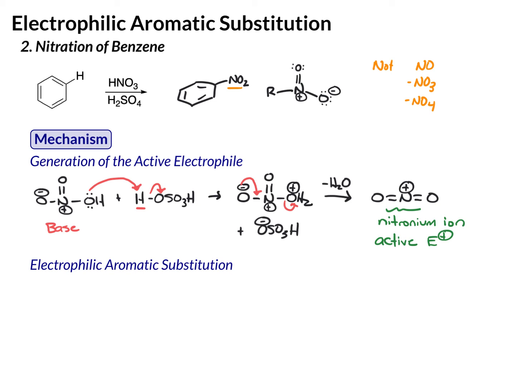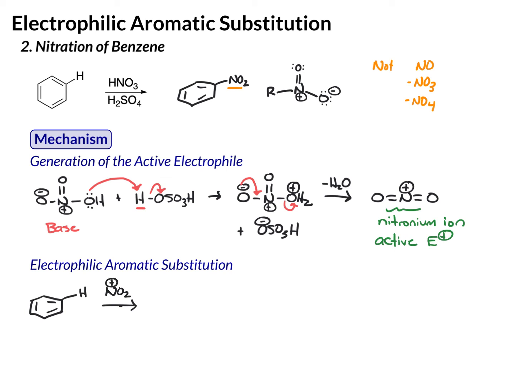Now that we have our active electrophile, we can react that with benzene. So here's benzene. I'm going to draw in a hydrogen for emphasis. We'll react that with this NO2 plus, and I'm going to abbreviate it like this.